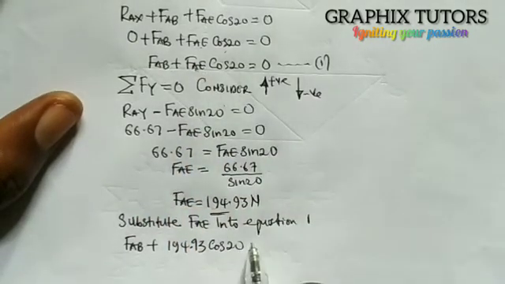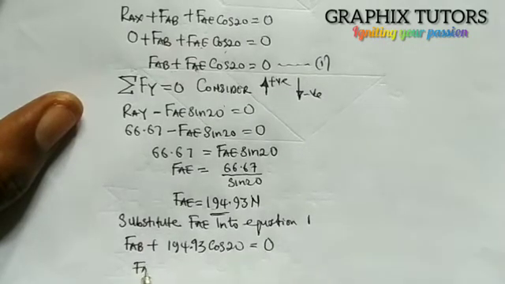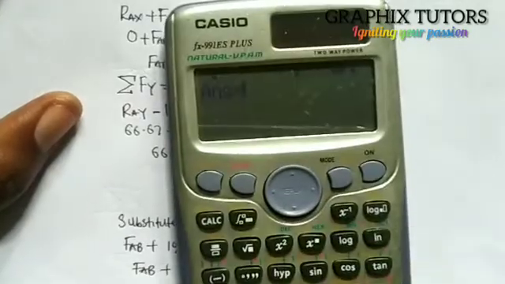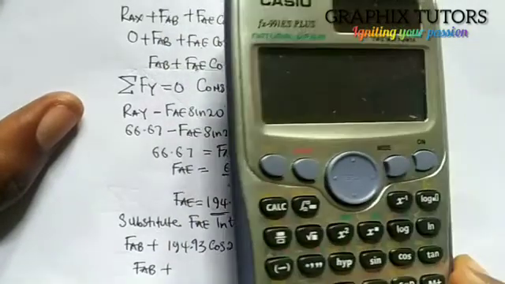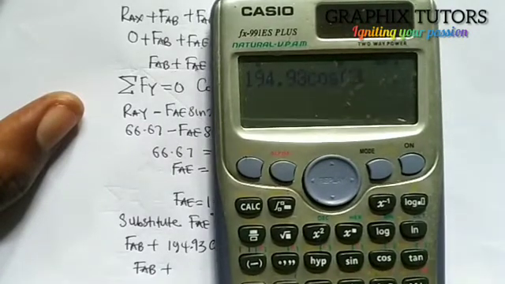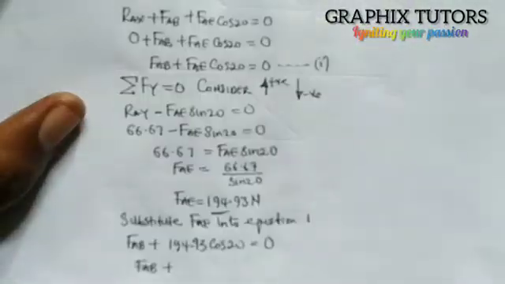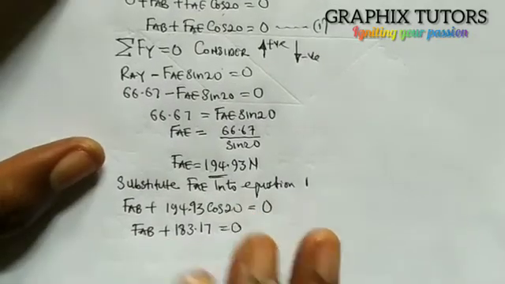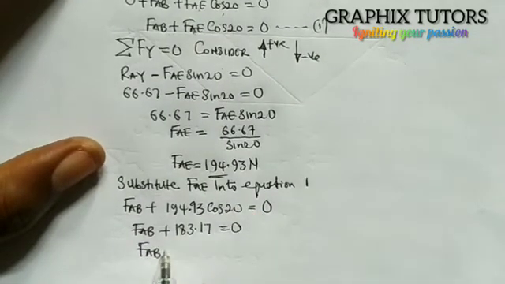So my FAB plus 194.93 times cos 20, that will give me 183.17, equals to 0. So we'll now place it this way and say that my FAB is equal to negative 183.17 Newton. So this is what we have here.